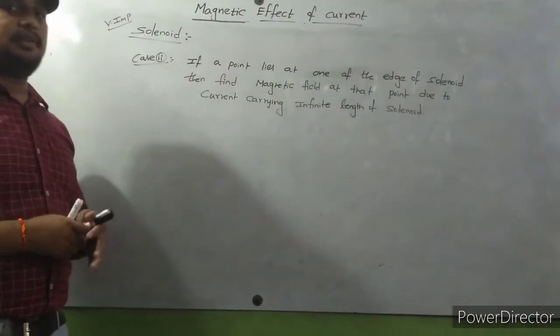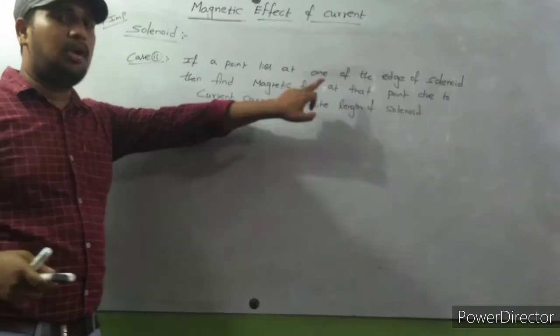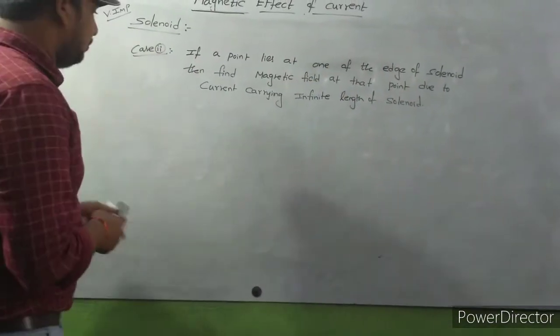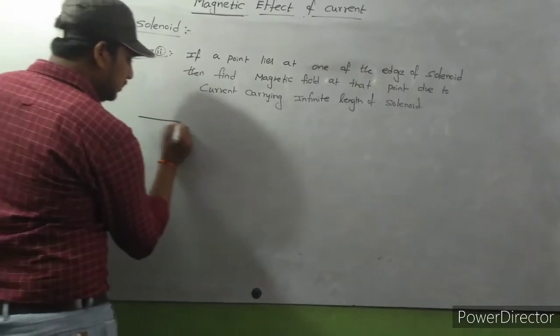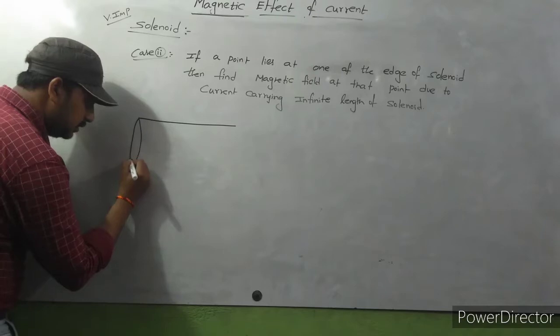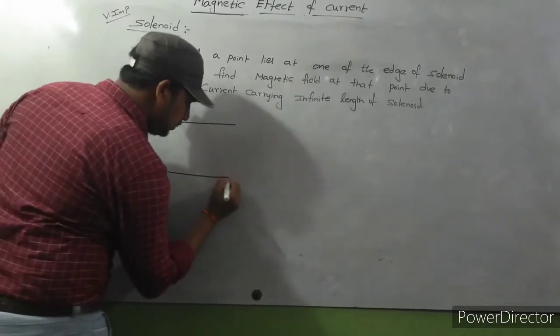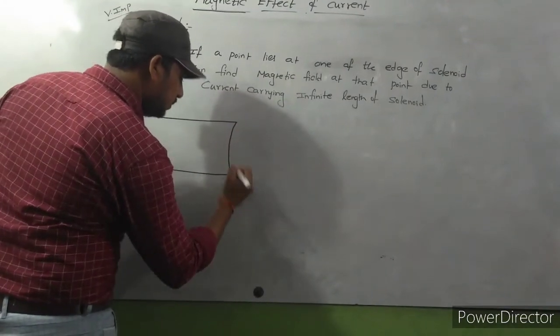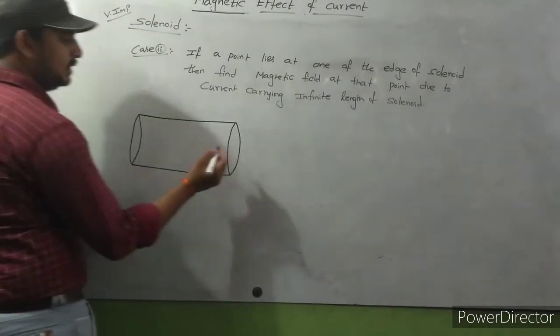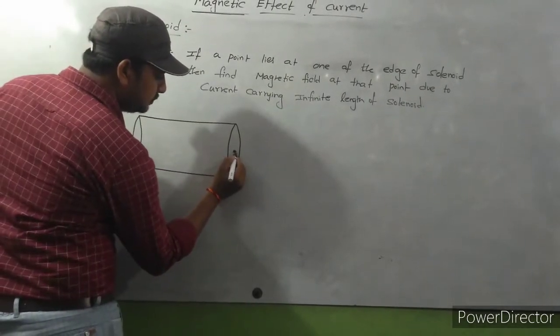Observe carefully. If a point lies at one of the edges of the solenoid, okay, so for example I will draw here. This is a solenoid. One of the edges of the solenoid, that means here is the point.